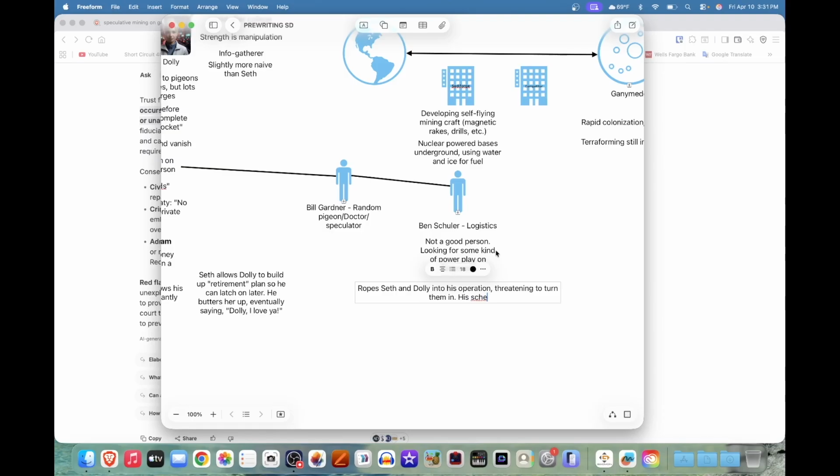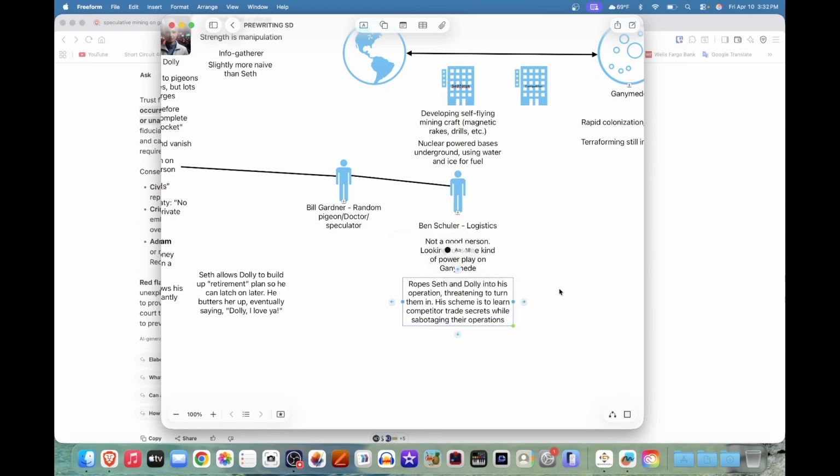His scheme is to maybe learn competitors' secrets while sabotaging their operations. So, again, I gotta come up with a name for the competitor.